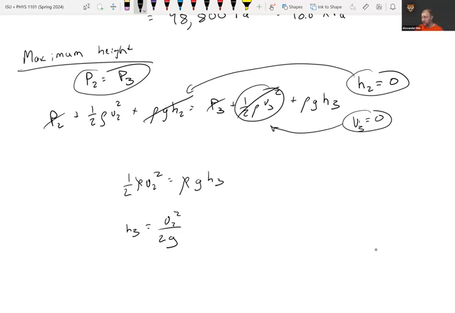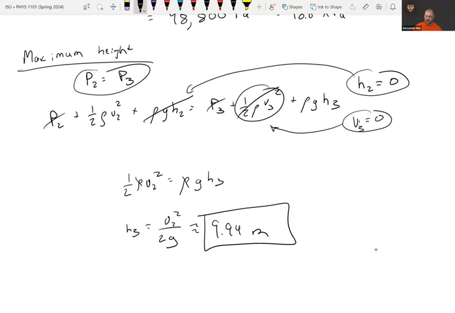And that's something you've seen before, like when finding the maximum height of a projectile, it was just the initial velocity squared divided by 2 times gravity. So that would be 14.1 squared divided by 2 times 10, and this is going to be approximately 9.94 meters. All right. So that is how you would find that one.